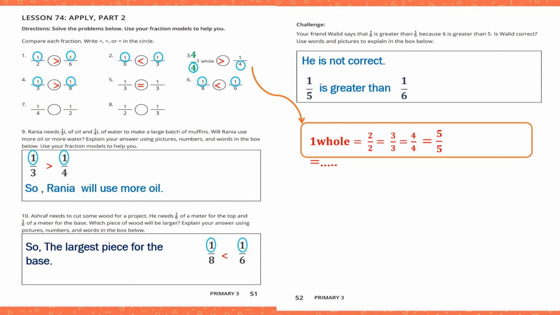If the numerator is 1, or is the same, the smaller denominator is bigger. So 1/5 is bigger than 1/6. And also if you have a pizza divided between 5 persons and the same pizza divided among 6 persons, the group of 5 will take the larger piece.